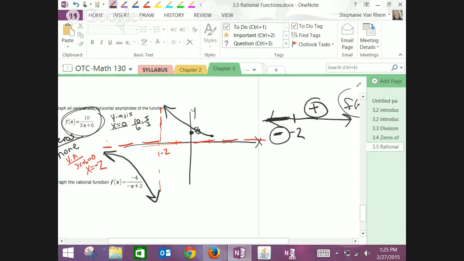So I only have one choice there. My graph of my function has to look like that. I have to stay above the x-axis in this whole region. So if I'm approaching the line y equals 0, I have to approach it from the top. You see that?